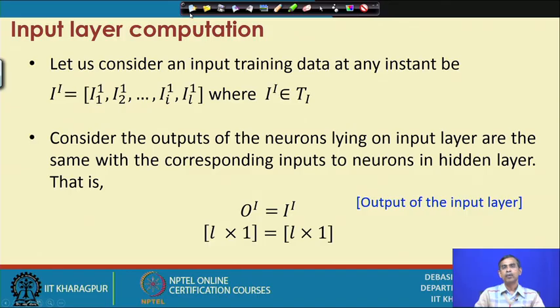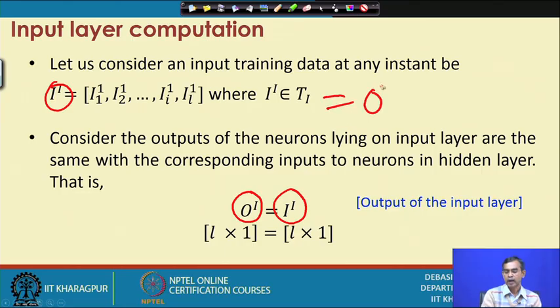This is because we have considered the linear transformation. Linear transformation means y equals x, so whatever the value of x is will be directly passed to y. This is why, if O I is the output instance, then its input is I 1, or in other words, if this is the input, then its output is also the same, because of the linear transformation.